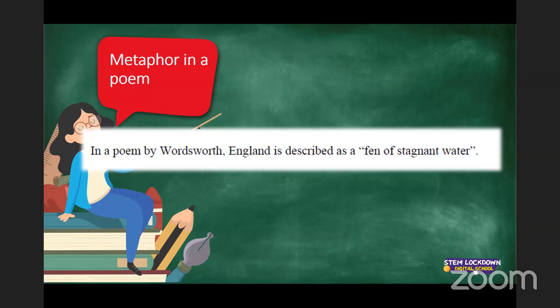A fen would be an area of wet flatland, especially in eastern England. And stagnant means water that is not flowing and is often dirty and unhealthy. So that's what you need to notice there.